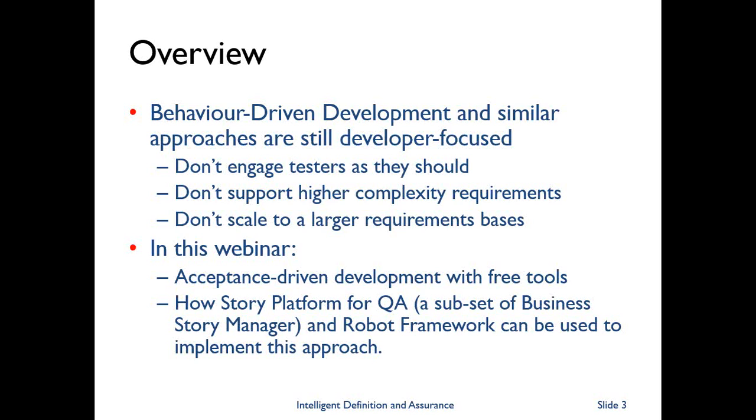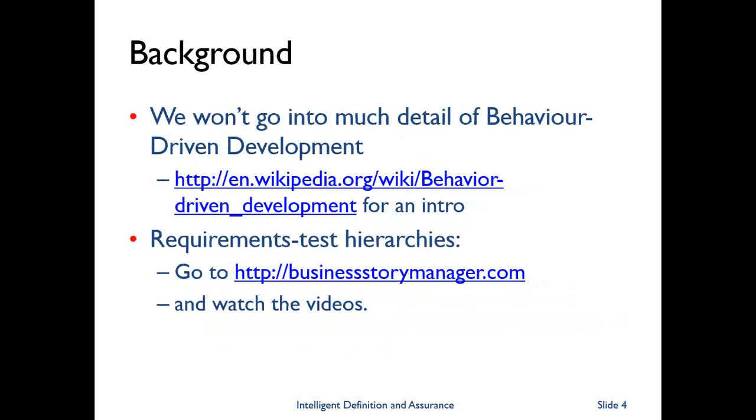So today I want to talk about our product Story Platform for QA, which is a subset of Business Story Manager. Story Platform for QA is a free service we're making available on the internet, and how that connects with Robot Framework to implement an acceptance-driven approach.